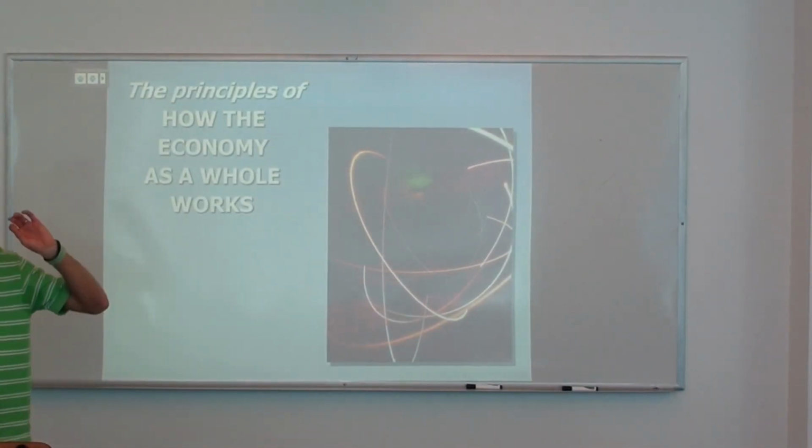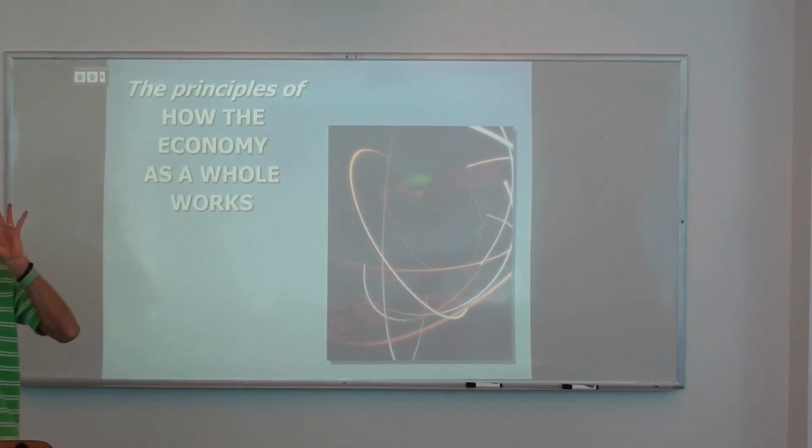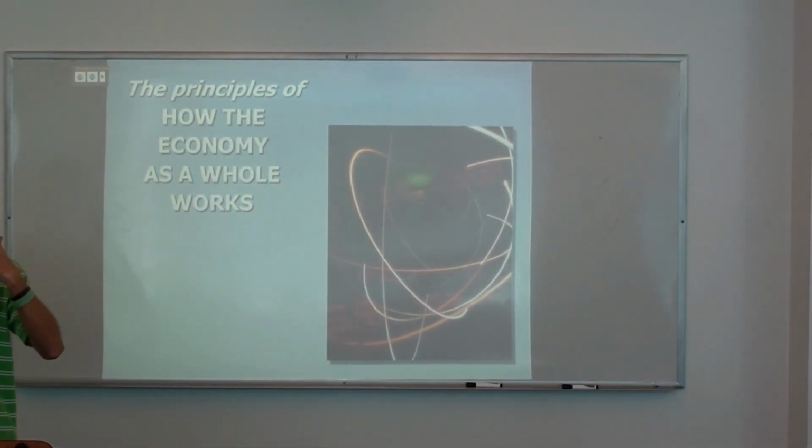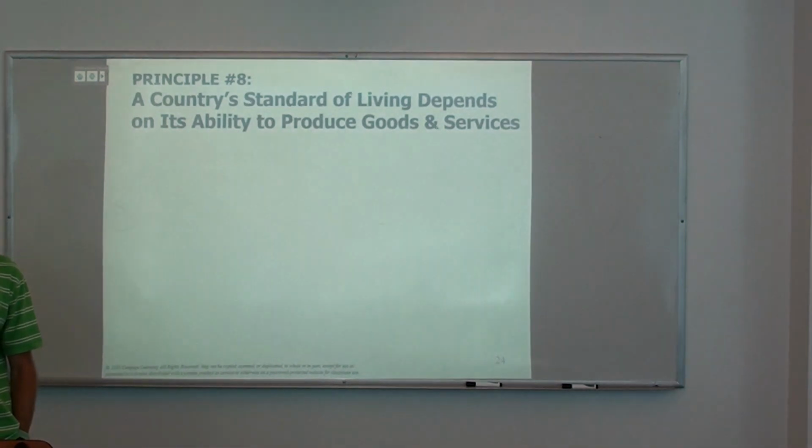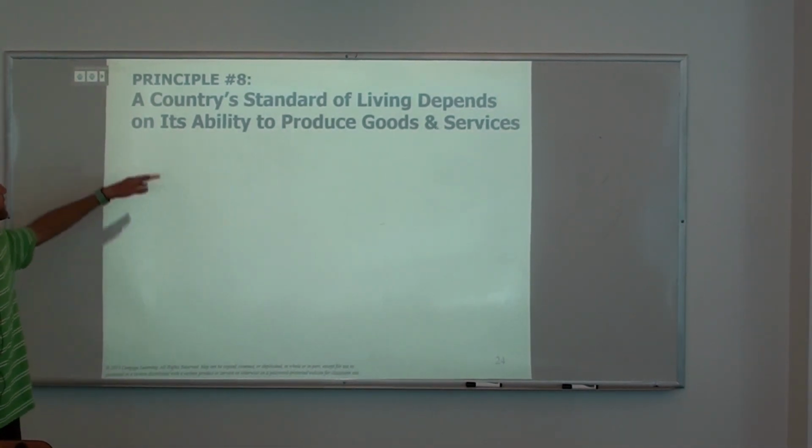All right, now we're going to go into the last three principles. These kind of have more of a macroeconomic flavor, but just to kind of give you guys an idea of the economy as a whole and the field of economics as a whole. Here's the first one. A country's standard of living depends on its ability to produce goods and services.